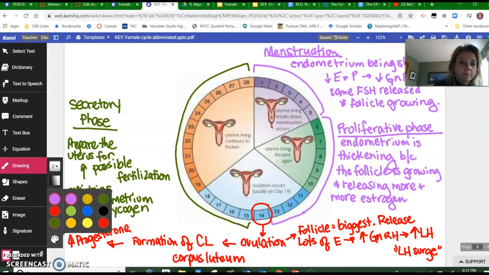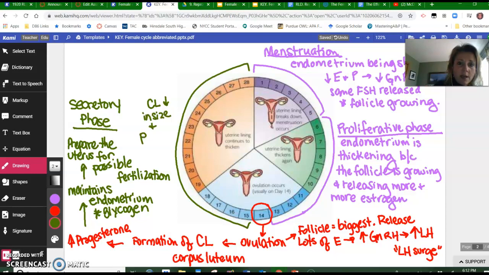Now, over towards the end, we have our corpus luteum decreases in size, and our levels of progesterone are going to start to decrease as well if there is no fertilization. Because if there's no fertilization, then we don't need to use up energy in order to maintain that endometrial lining.